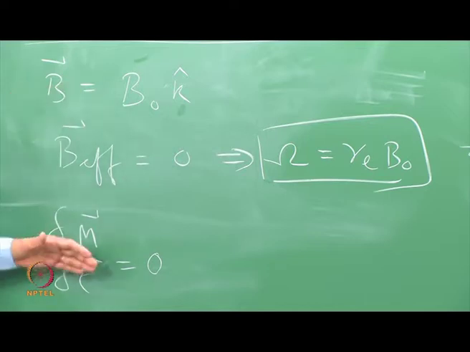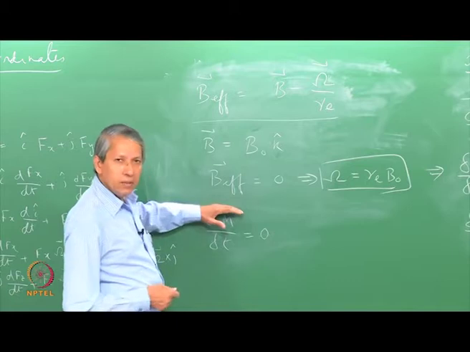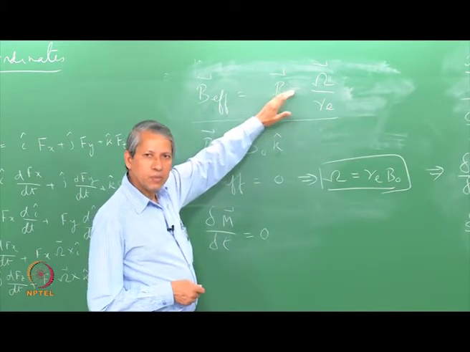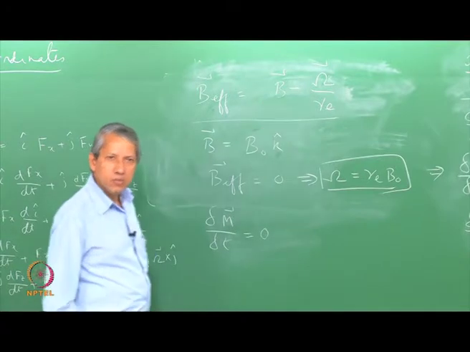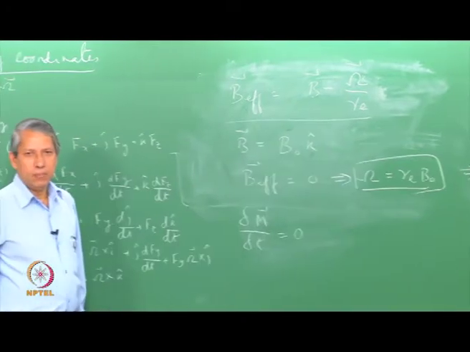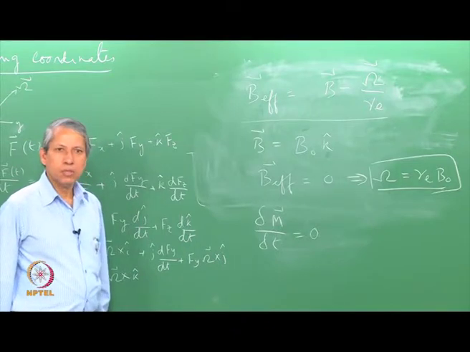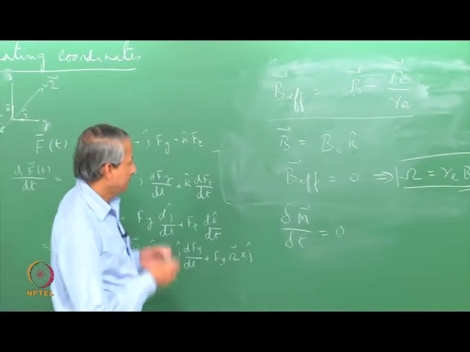So, this conclusion comes so easily by choosing a coordinate system which rotates in this particular fashion. This is the advantage of using a rotating coordinate system. We get better insight and expressions also look somewhat simpler.